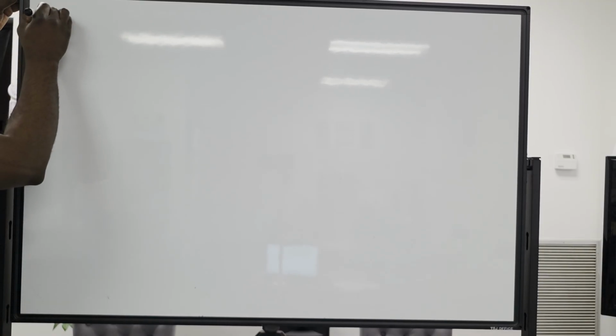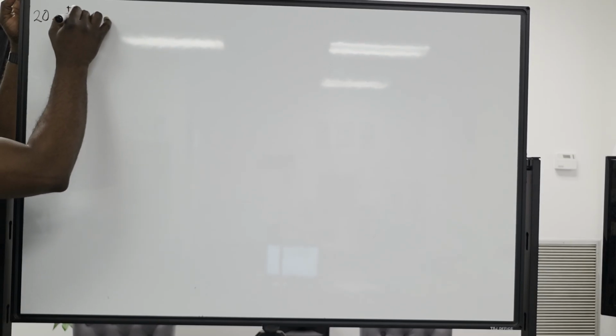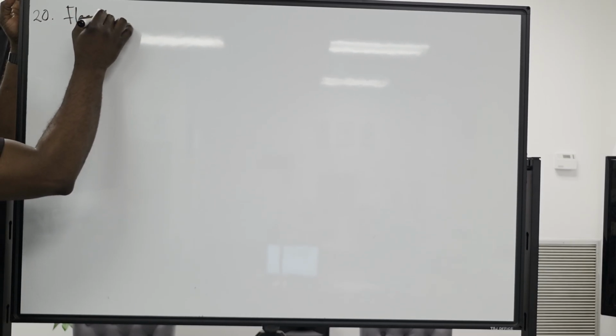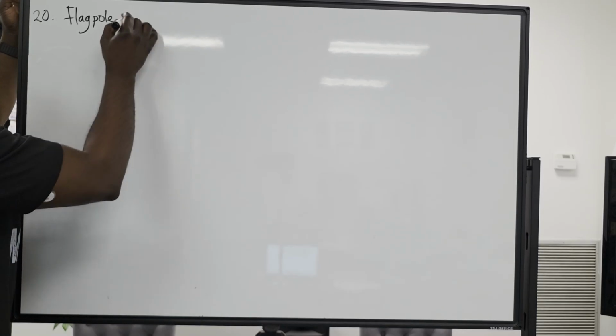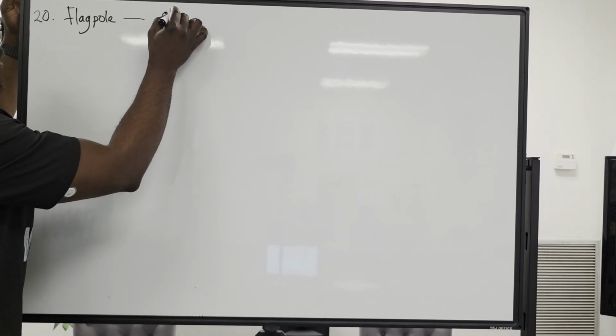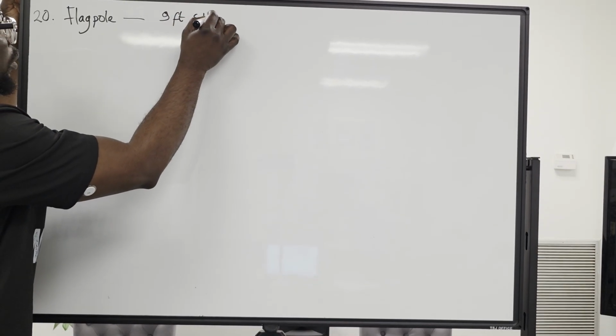Question 20 says, at a certain time of day, a flagpole casts a 9-foot long shadow.